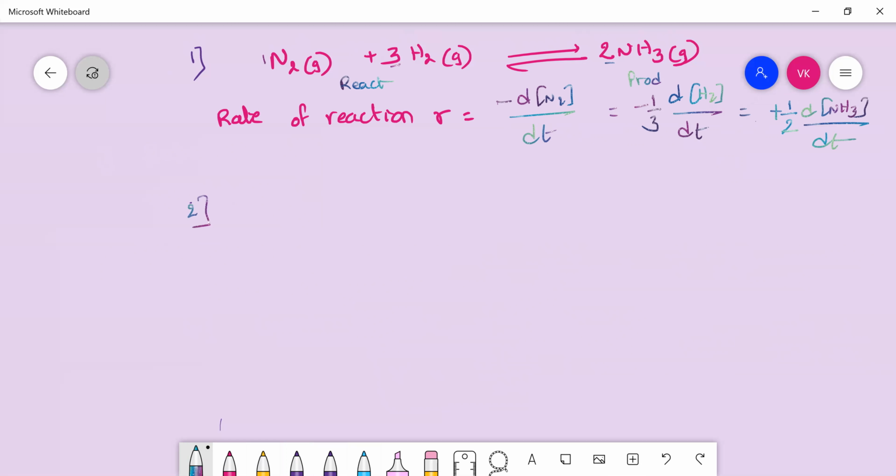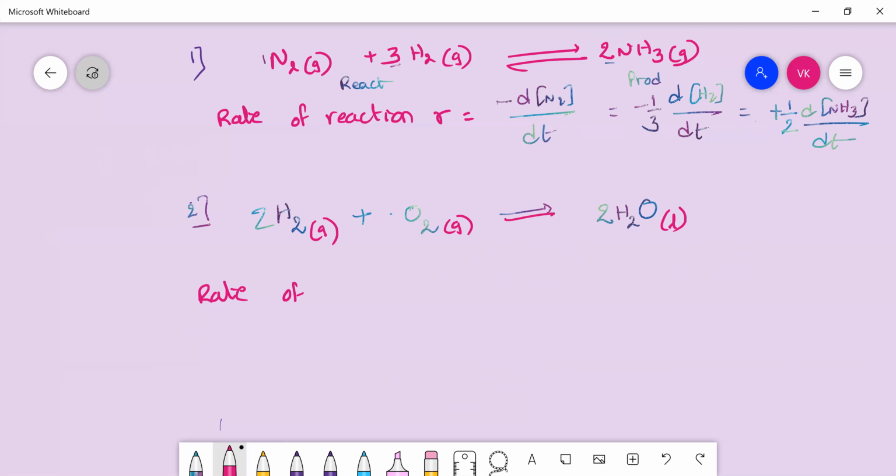Okay. In this way, let's see one more example. H2 plus O2 is giving H2O. Check, 2 moles of H2. So write the rate equation for this. Rate of reaction, gas, gas, liquid, take it as an equilibrium reaction.